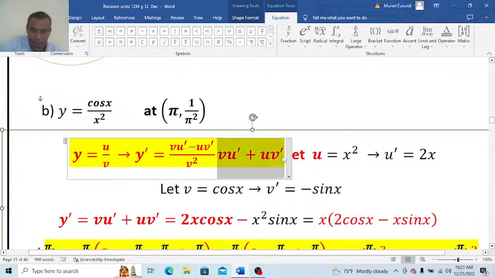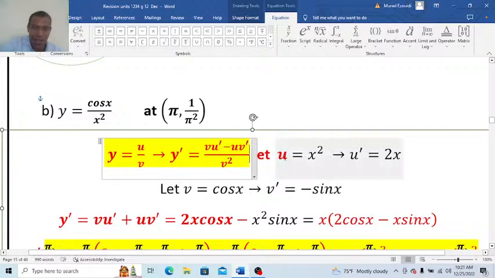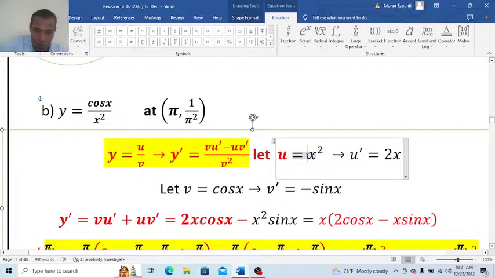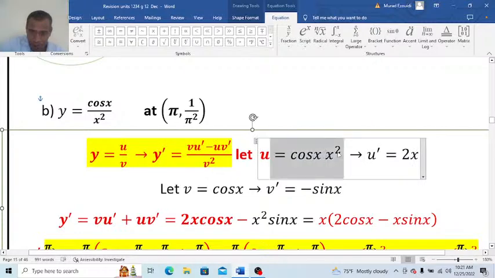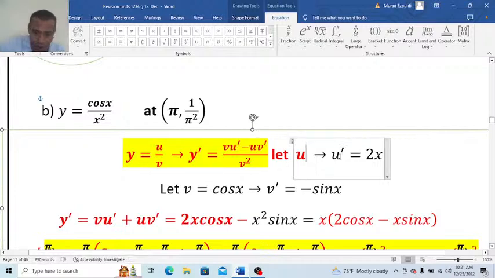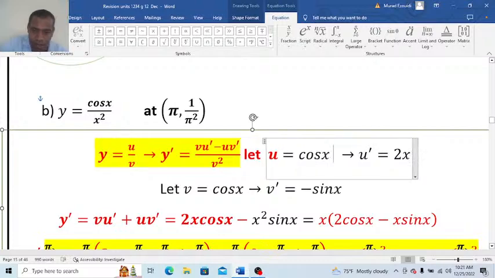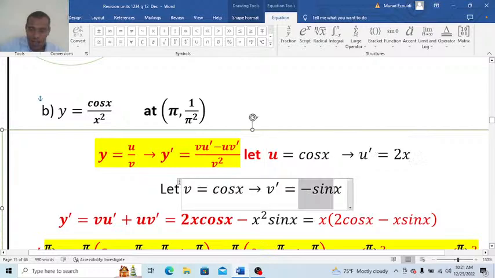Now learners, suppose that u is cosine of x, so u dash is minus sine of x.